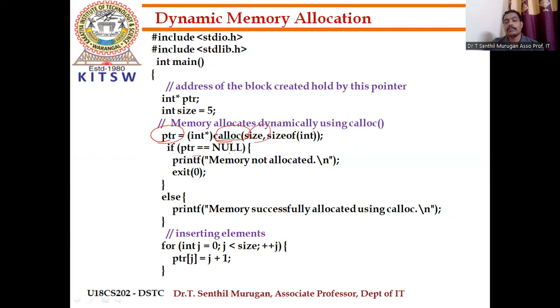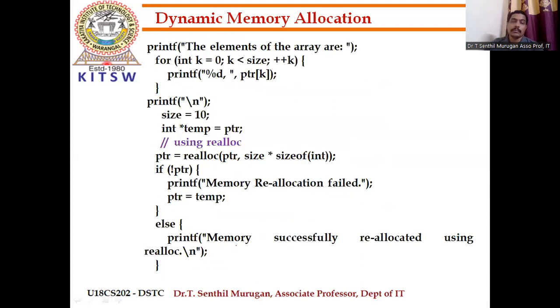So we have to check whether it returns a null pointer or not. If it returns a null pointer, we can say memory is not allocated. But if it is not null, then some memory will be allocated, whatever the requirement is. After allocating, you give the values. So j value 0 onwards, pointer of 0 equal to 1, 2, 3, 4, 5 up to size, it will print the sequence number.